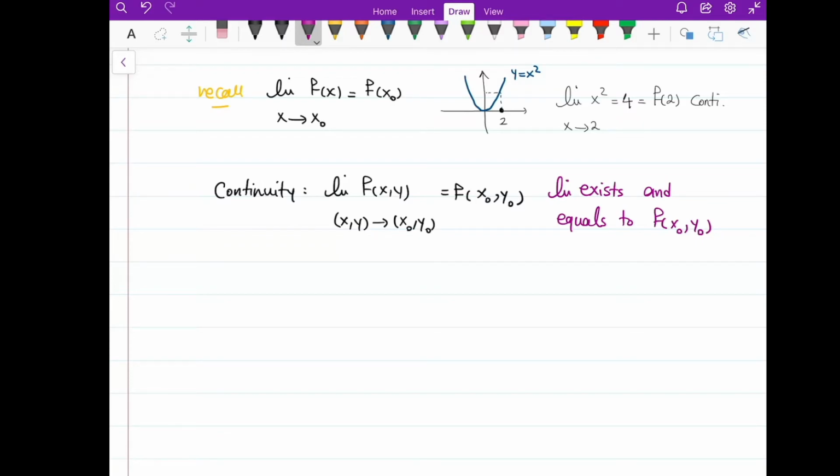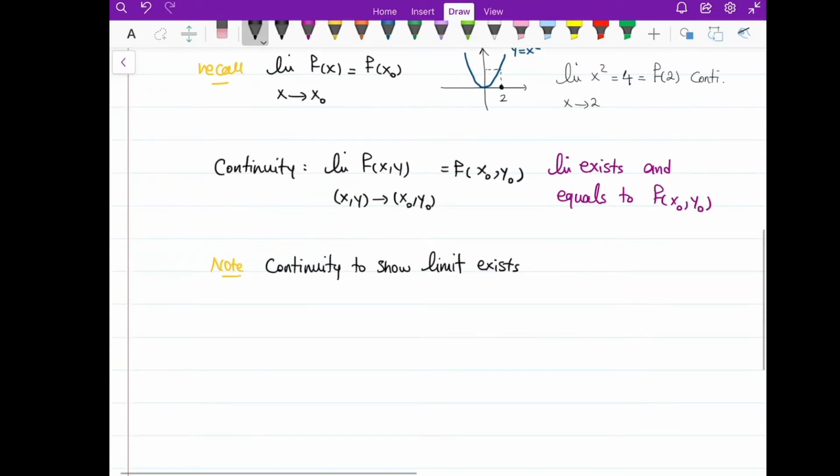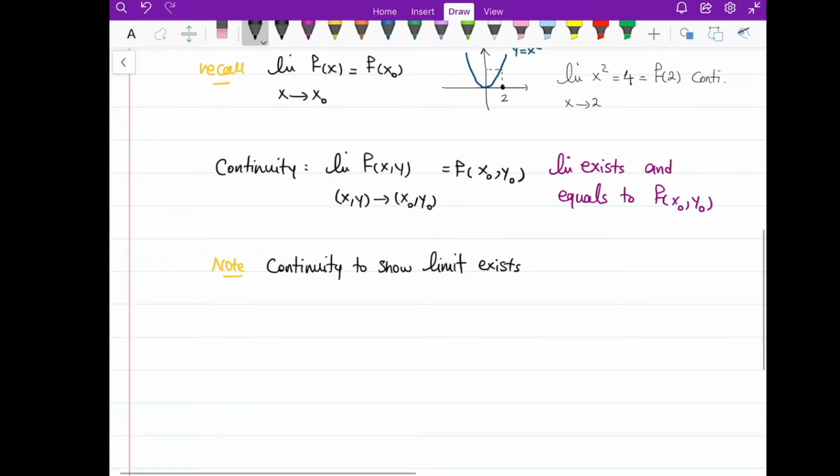So we use continuity. Let me give you a note. For a function of two variables, we use continuity to show that the limit exists. How?